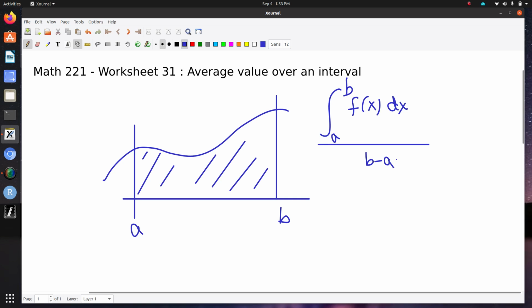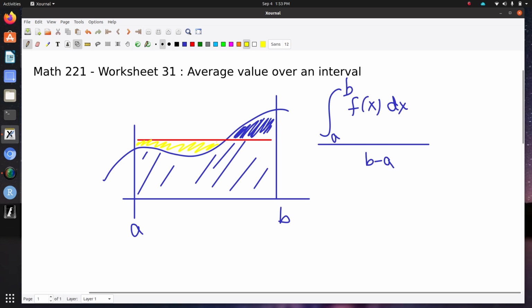And so what you want to visualize is that's going to give you some sort of value where all the negatives and all the positives average out. So maybe I drew that too high, maybe something like that. In your mind's eye, you want to find a red line such that this positive area here above the red line has to equal this area down here below the red line and above the curve.